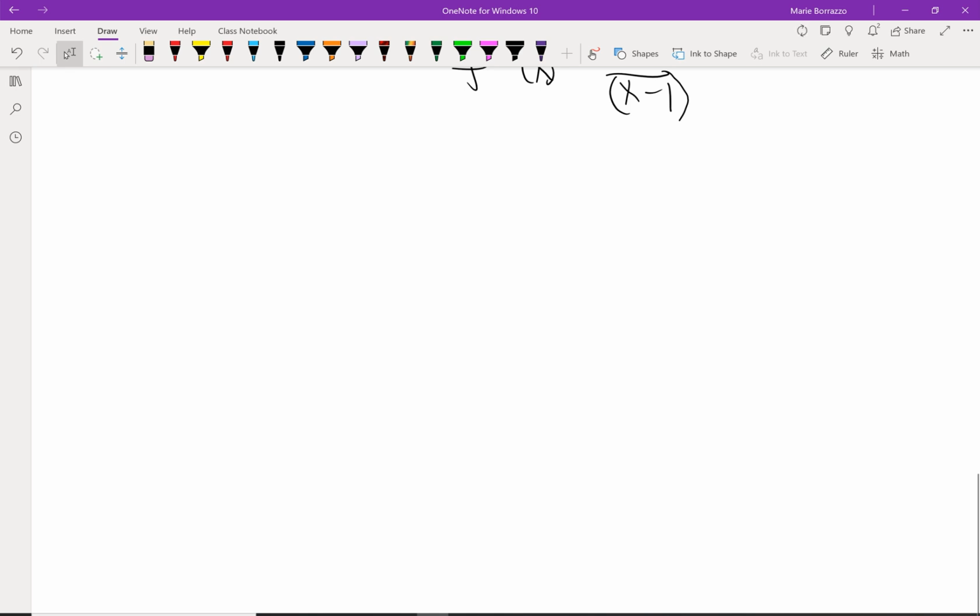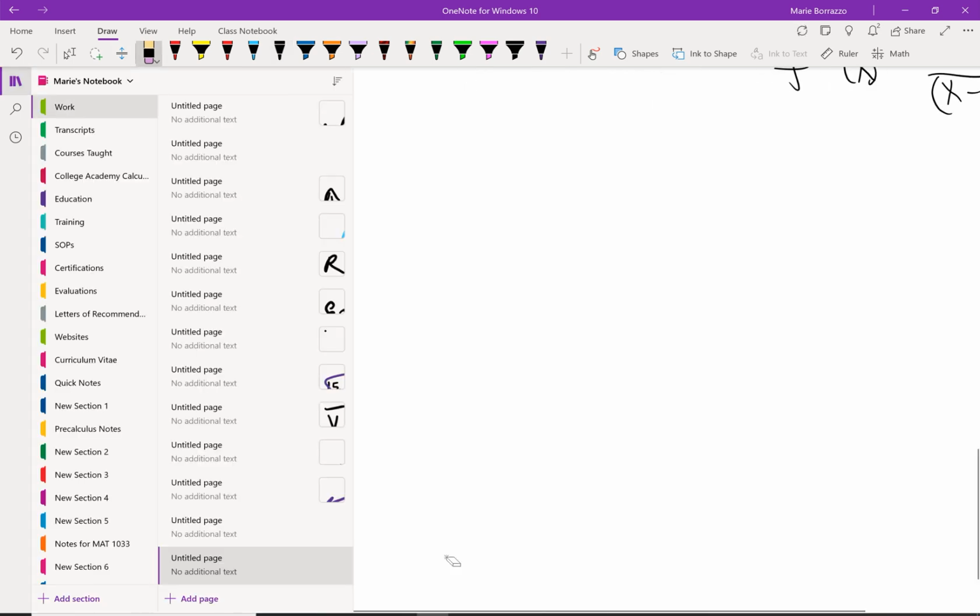In the next example, we are going to talk about what is a one-to-one function. So this is called the horizontal line test. Nothing new, you guys have seen this before. I'm actually going to switch pages.